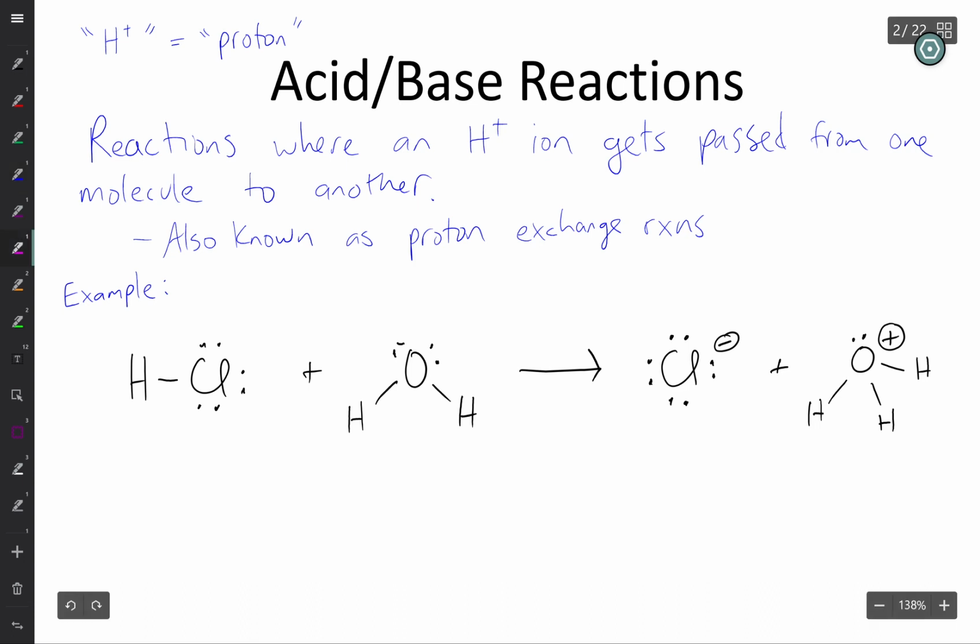So I would draw a curved arrow from a lone pair on oxygen to hydrogen. That will form this new bond, which I'll highlight in pink. And then hydrogen can't have two bonds at the same time, so I need to break the bond between H and Cl. Who gets those electrons? Chlorine. So that gives chlorine the extra lone pair that gives it a negative formal charge.